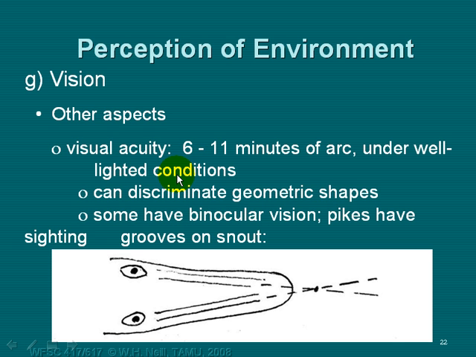The Esox, the Muskellunge, northern pike, you can actually see those grooves in the bone. Using the sighting grooves, you draw lines from the two eyes, and the crossing point is just about the distance that would normally be the prey strike distance. So they're designed to be able to look at the prey right in front of their snouts at that distance.